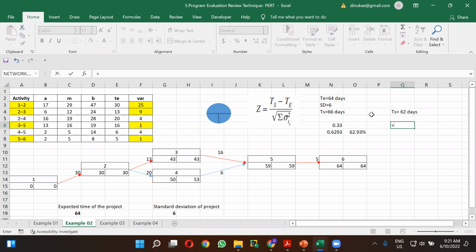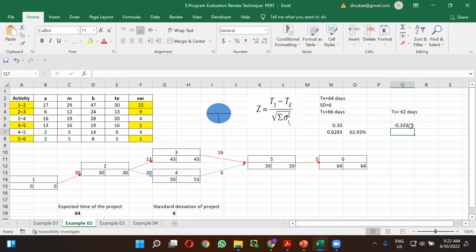First we have to calculate the Z value. First you have to get the schedule time. Schedule time is 62 days. From that 62, you have to deduct the critical path duration, which is 64 days. After deducting 64 days, you have to divide that whole thing by the standard deviation of the project. According to this example, it is 6.